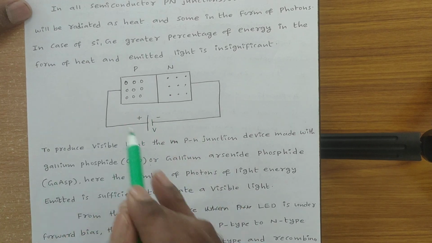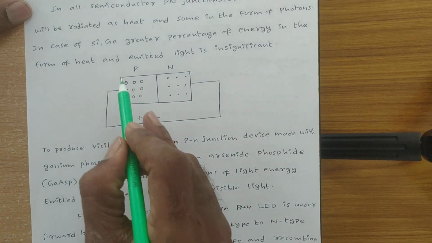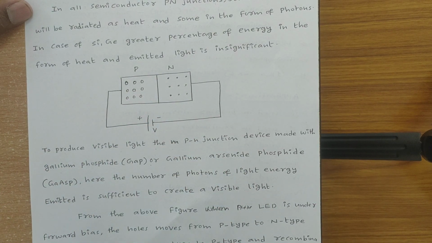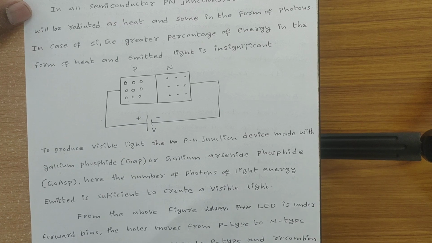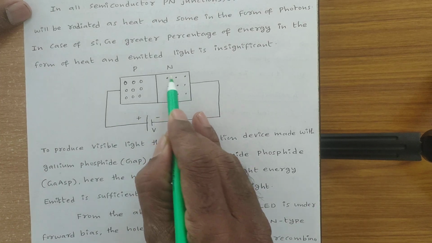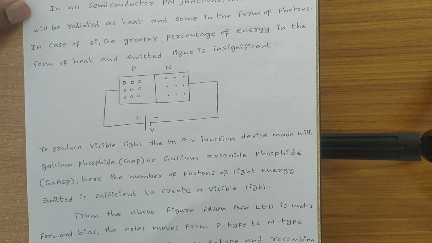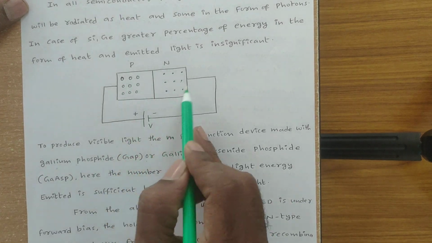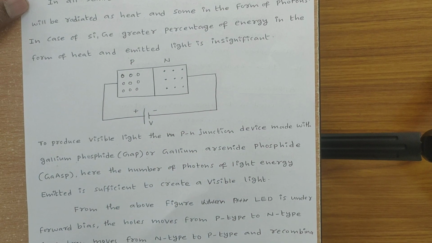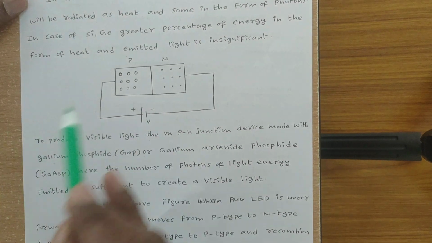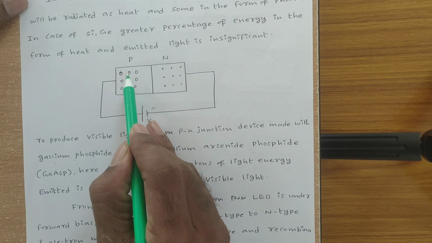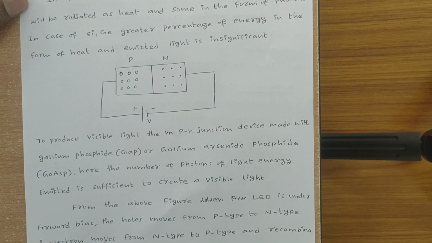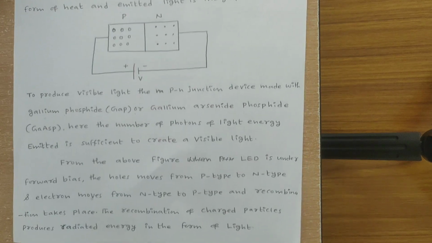Now see here, from this figure, in P type, holes are the majority charge carriers and electrons are the minority charge carriers. In N type, electrons are the majority charge carriers and holes are the minority charge carriers. When this PN junction diode is subjected to forward bias, the holes will move from P side to N side and electrons will move from N side to P side and recombination takes place.